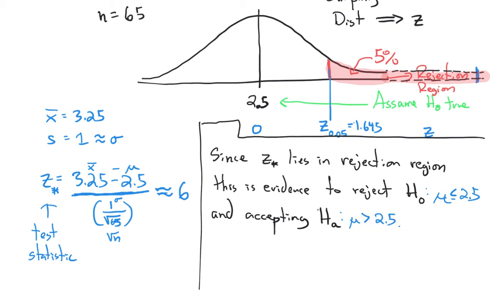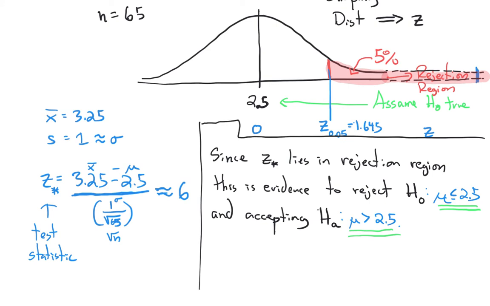I do want to point out one thing. Because we were doing this kind of test where we expected our alternative hypothesis to be all on one side of the distribution, the claim was 2.5 hours or less, so the alternative hypothesis was greater than 2.5 hours, we put all of our rejection region on one side.